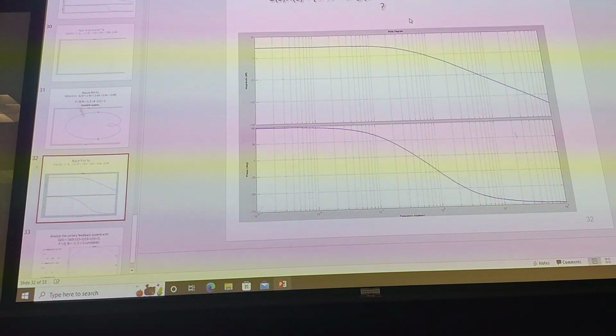Here again, the system may show some stability when it is not really stable.